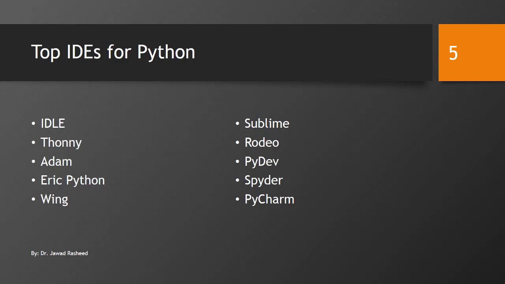PyDev provides a remote debugger for files which are not launched in Eclipse, so they can be debugged. It provides code folding so as to selectively hide or display sections of the code. If you don't want to show all the code, you can hide sections of your code.